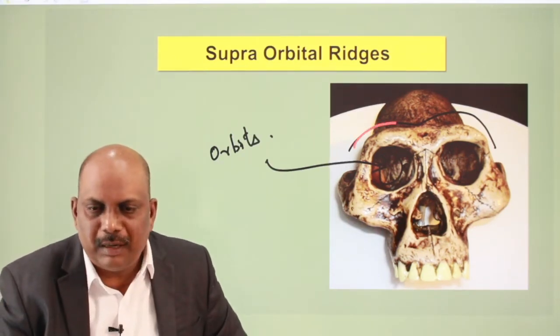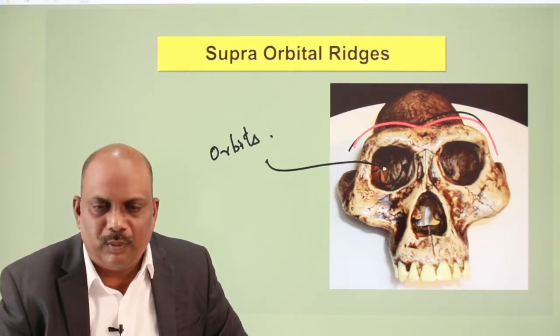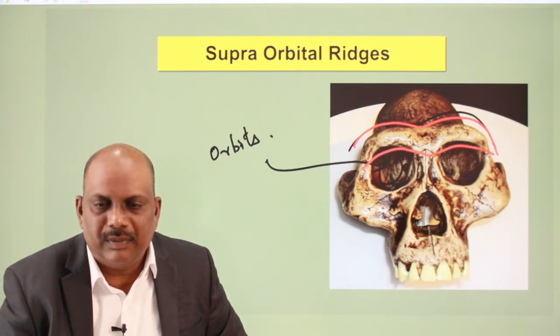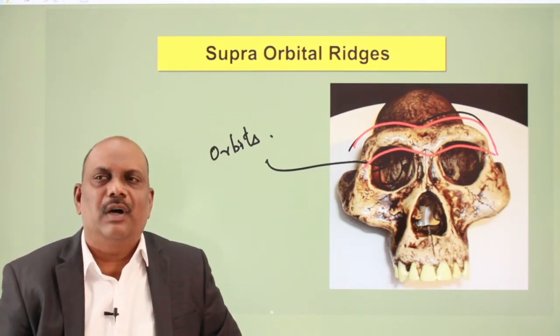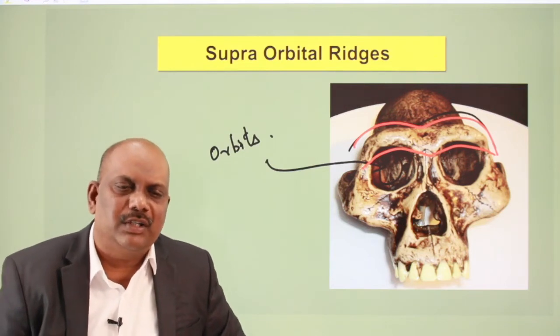This ridge-shaped bone found above the orbits, we call the supraorbital ridge.